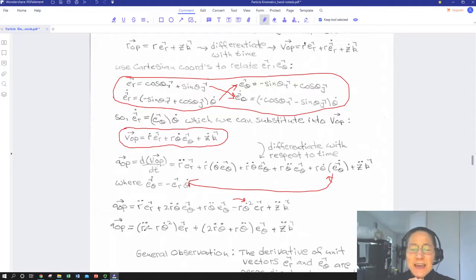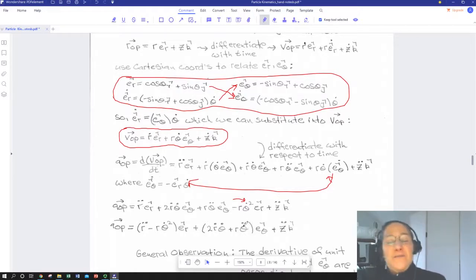Okay? And we've got similar terms in the r hat, or excuse me, the theta hat direction. We have basically the second derivative of theta with time times the radius. So something that's really specific to theta. And then we've got something over here that's kind of two velocity components of r. That's effectively the reflection of what we had going on here.